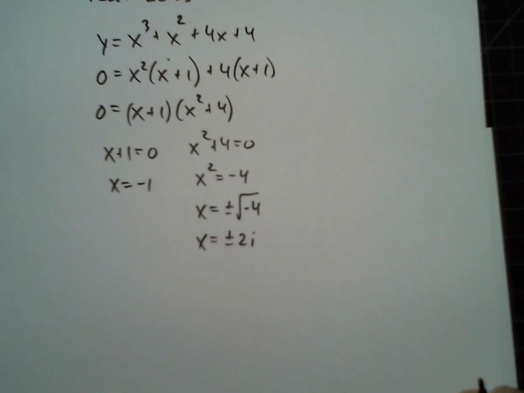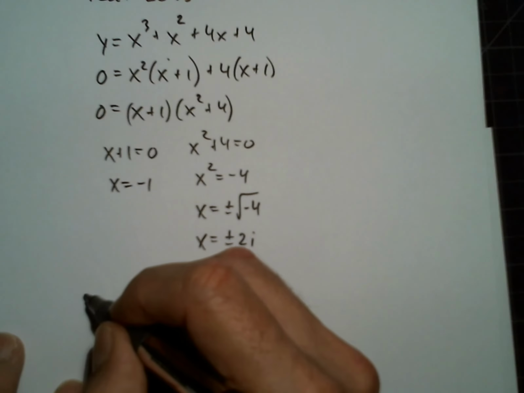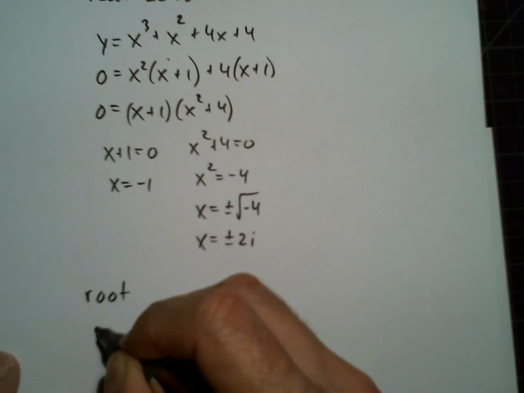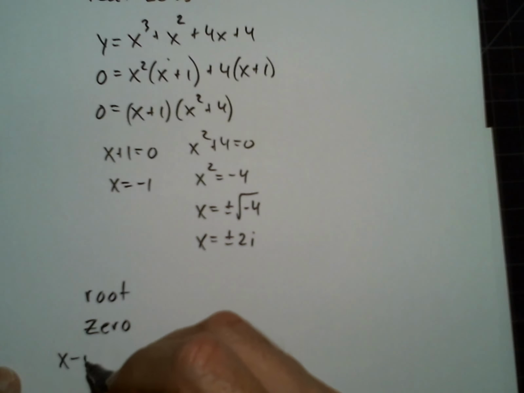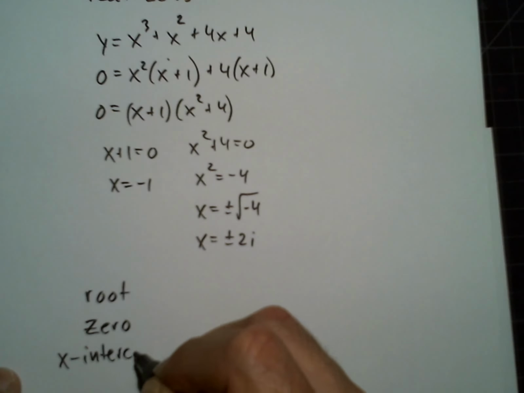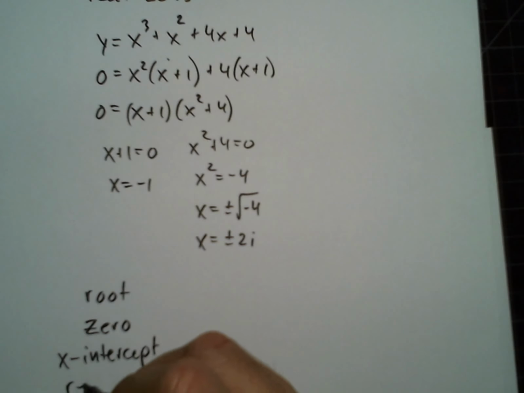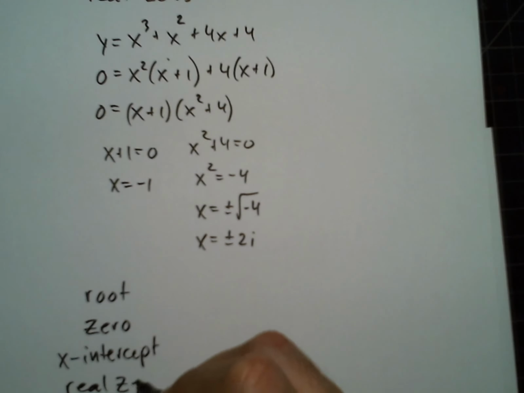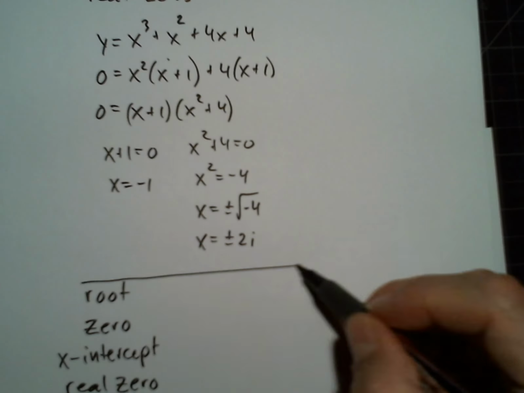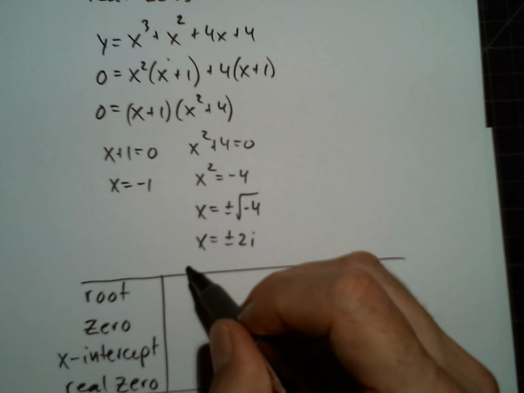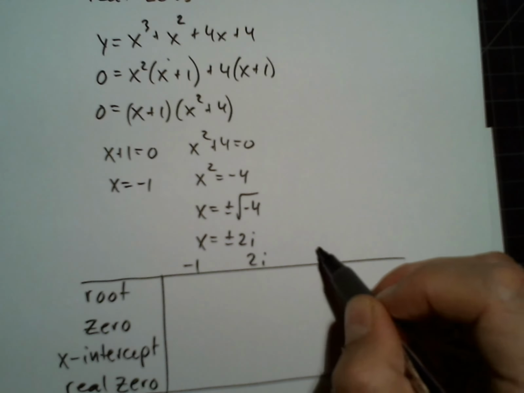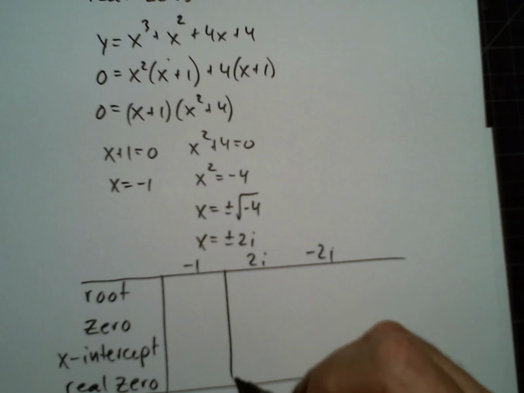Alright, so let's see what these are called. Their possible names. Our choices are root, zero, x-intercept, and real zero. And we have negative 1, 2i, negative 2i.